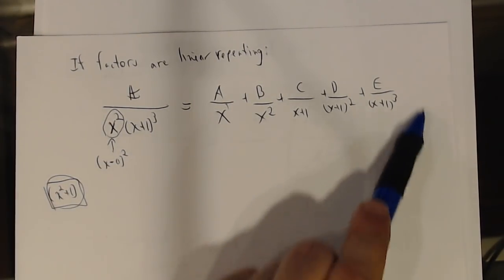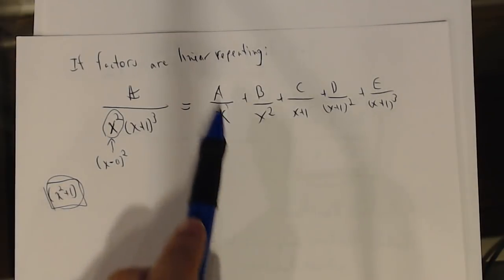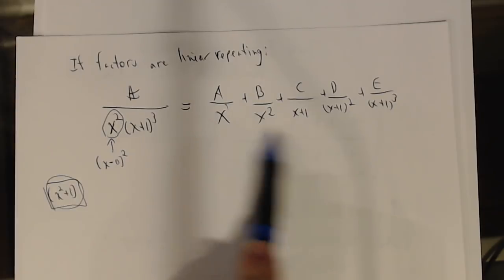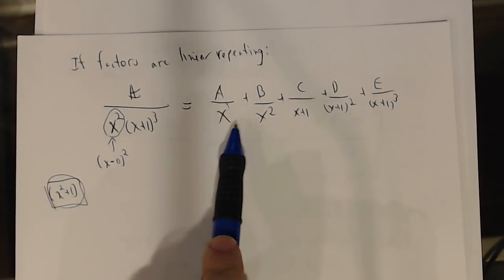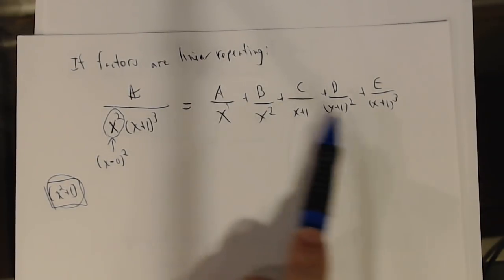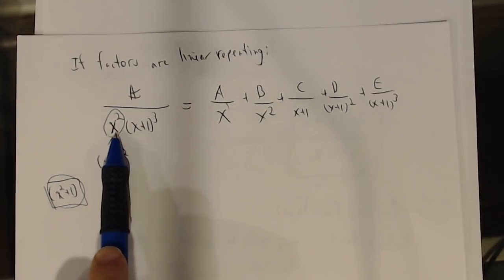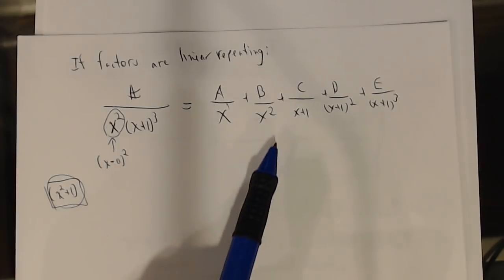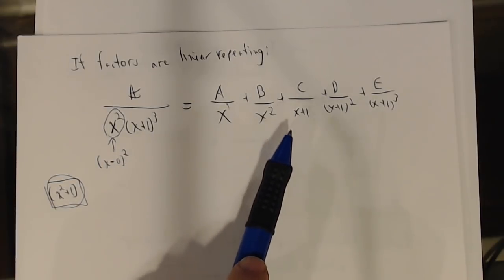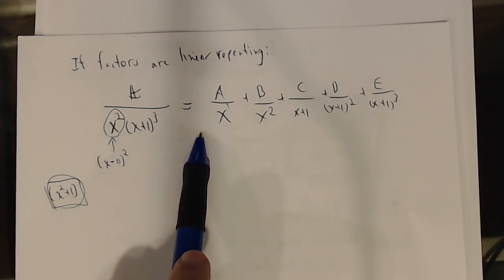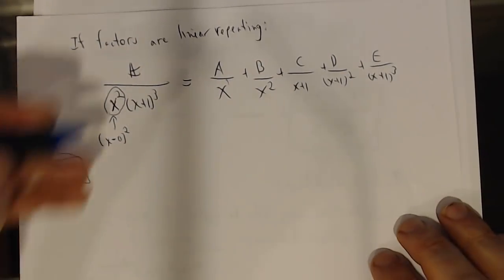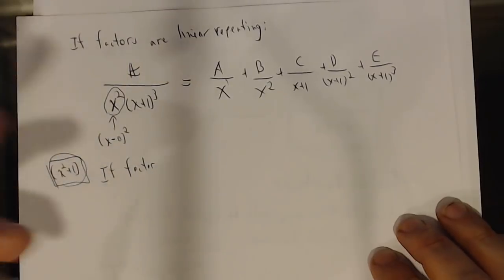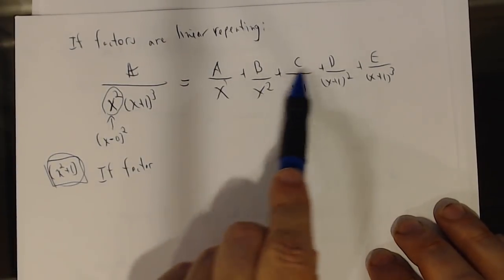Because I'm writing an exhaustive list of fractions, where I'm writing all the possible fractions I could get that would still have a common denominator of x squared times x plus 1 cubed. Outside of these, there's nothing else I could put there which would have that common denominator. And remember, at the end my goal is to find a, b, c, d, and e.